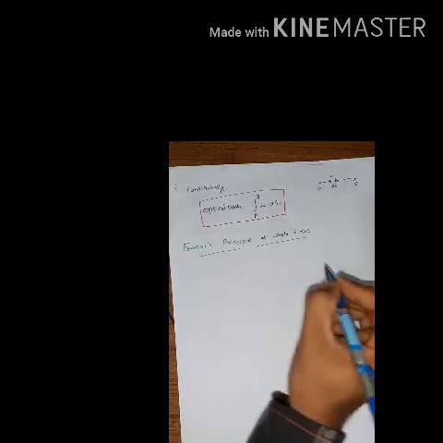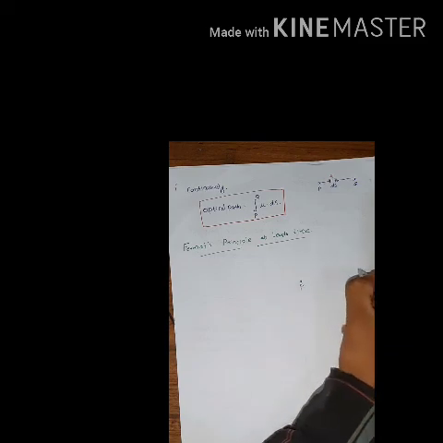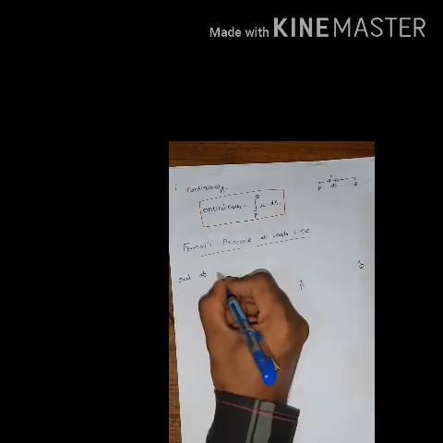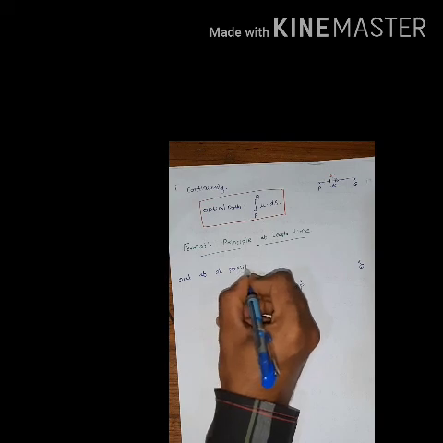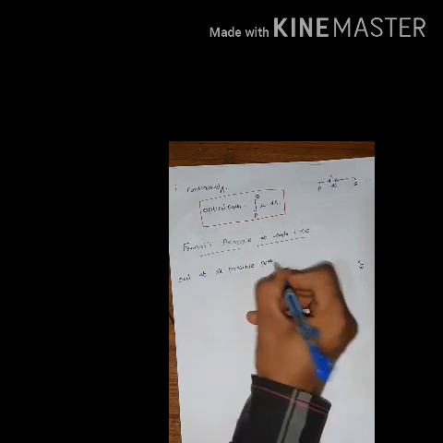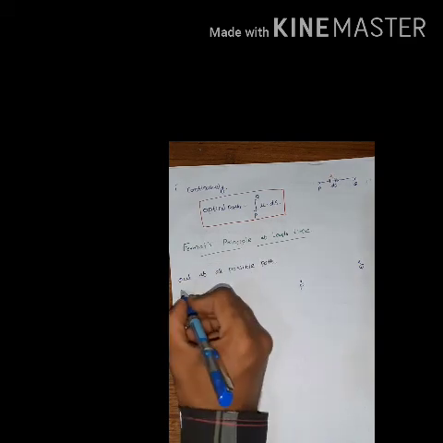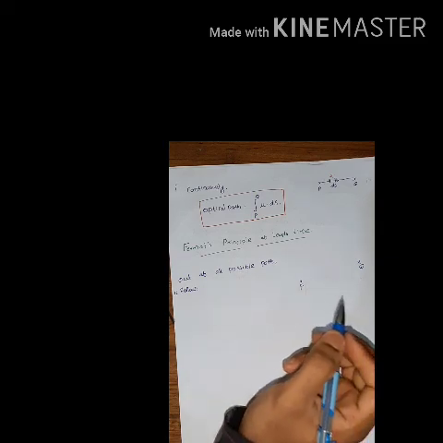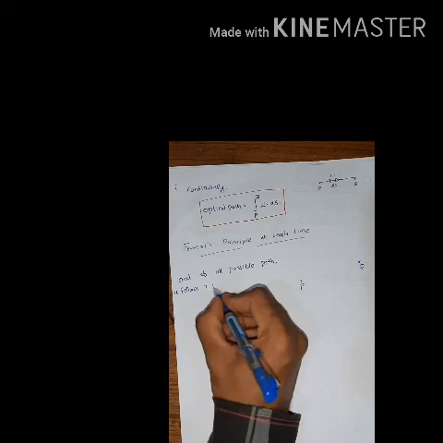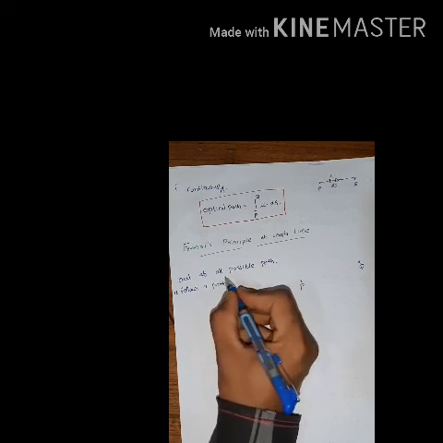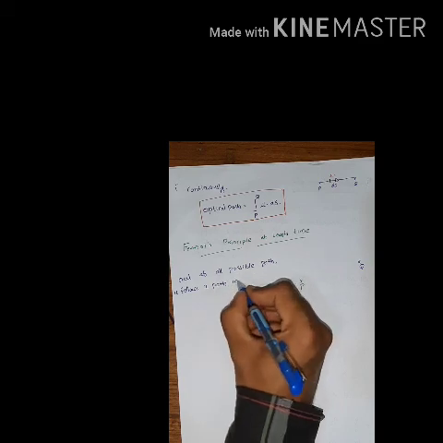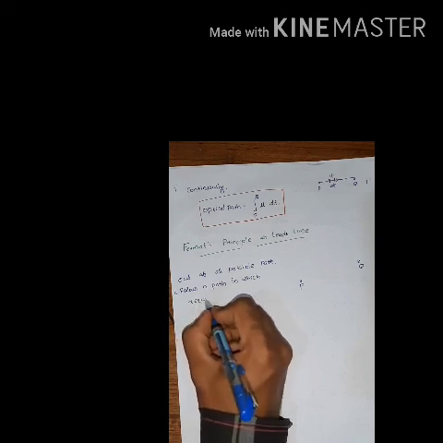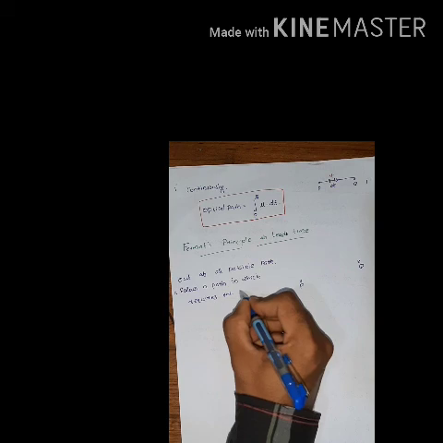Or, when a light ray is traveling from P to Q, out of all possible paths from P to Q, the light ray will follow a path in which it requires the least time.